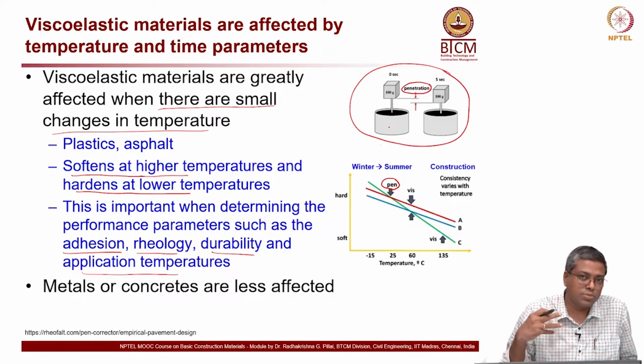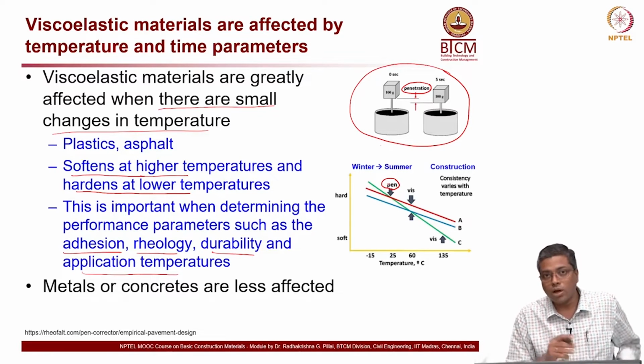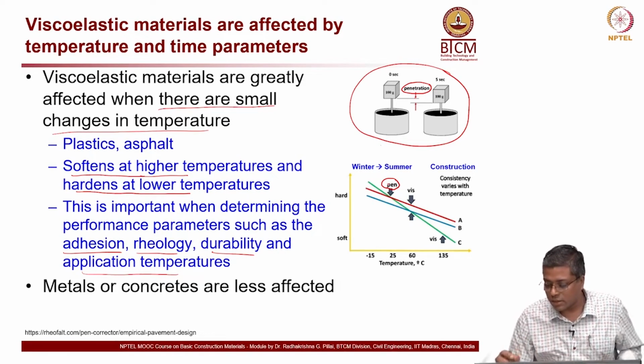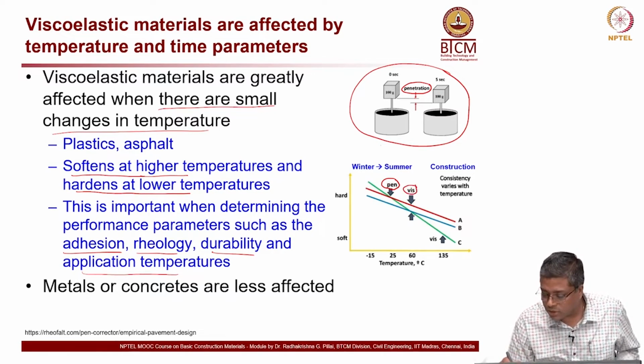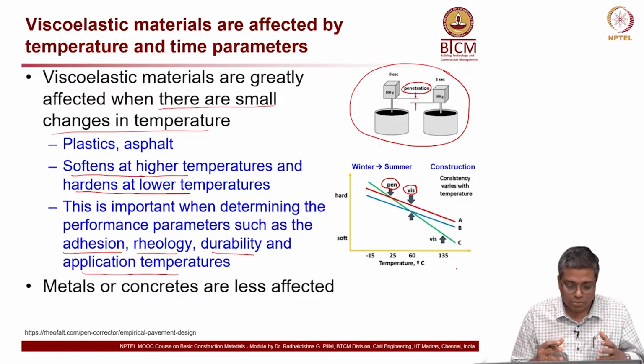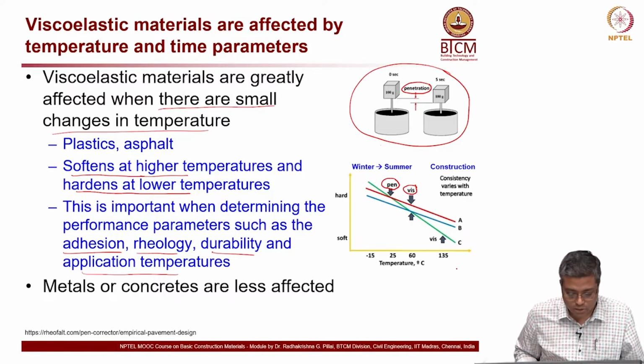So, if the material is more fluidy or less viscous, it will penetrate more. So, we will put some limits on how much it should penetrate. This is how it is handled at the construction site. And VIS is viscosity, we will put a limit on viscosity also. So, these are the approaches by which we control these properties of various materials.